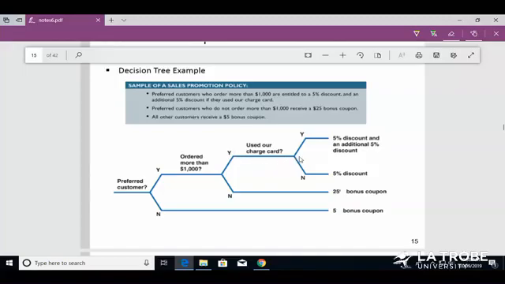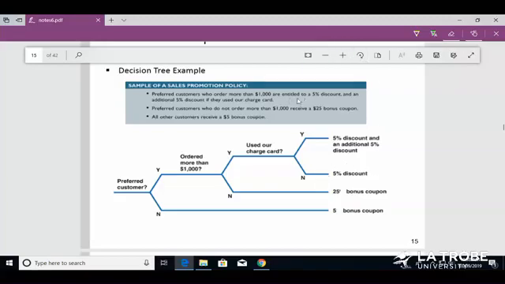Okay, entitled to a 5% discount. And if he uses our charge card, he will get an additional 5% discount. Did he use, for example, our charge card? No, he will get just a 5% discount.